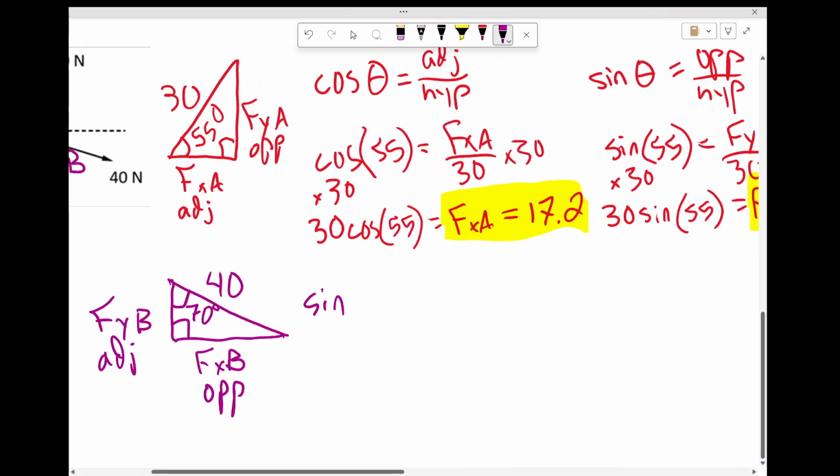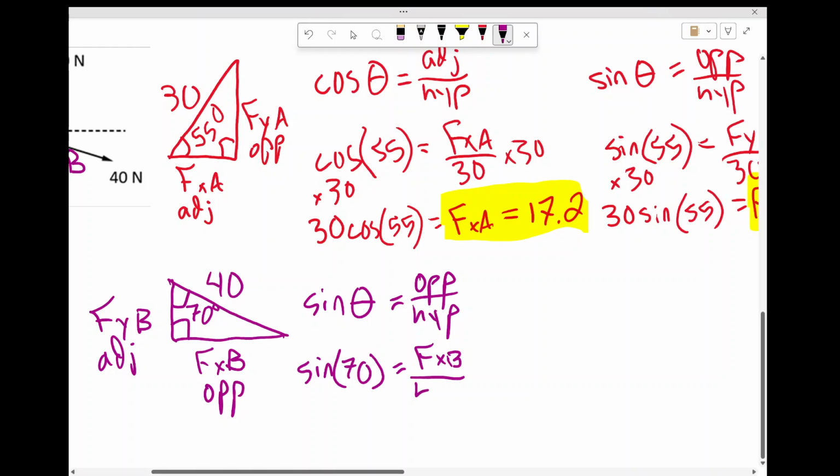So we'll use sine for the x component here. Sine is, again, opposite over hypotenuse. Sine of 70 degrees, opposite is FxB, and that's over 40.